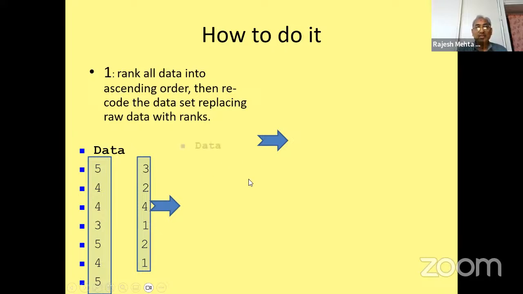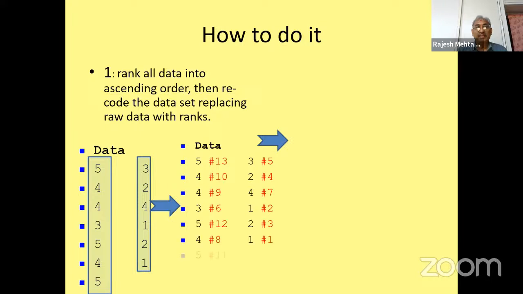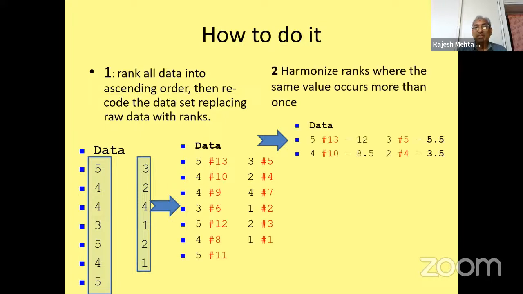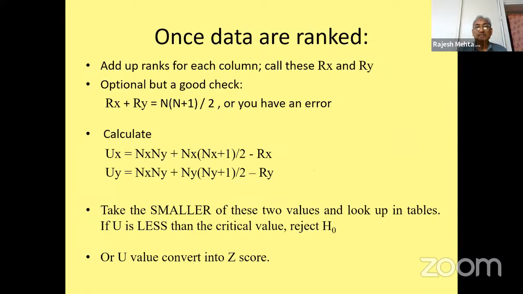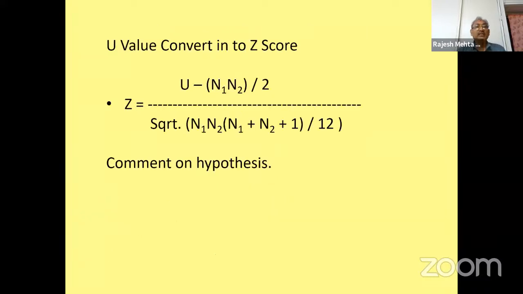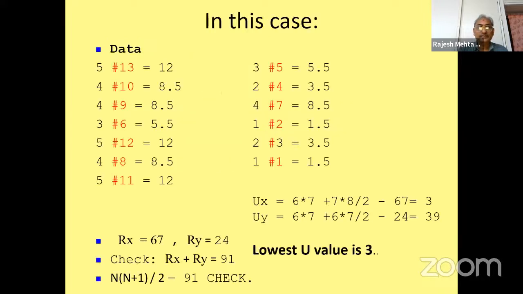Then we have given a rank, then we harmonize the data, and then we'll be calculating. If you want to convert into a Z score, there's also a formula. Now, the actual calculation is given over here. So Rx is 67, the total of this, and Ry is the total of this.